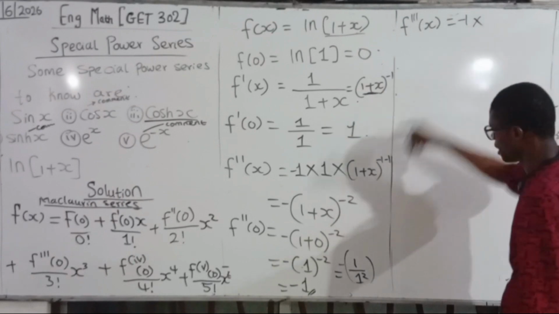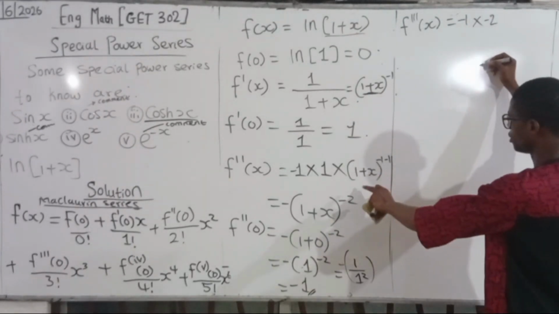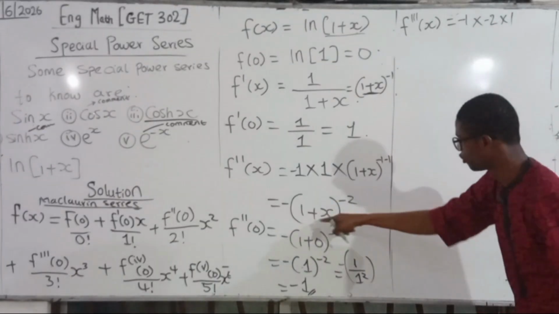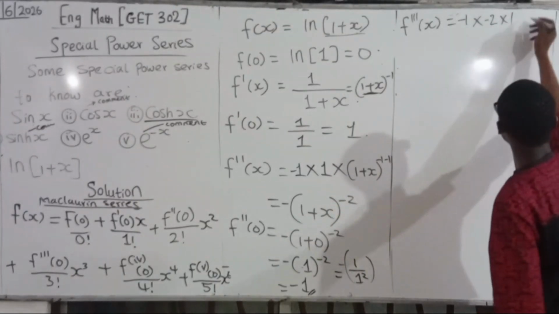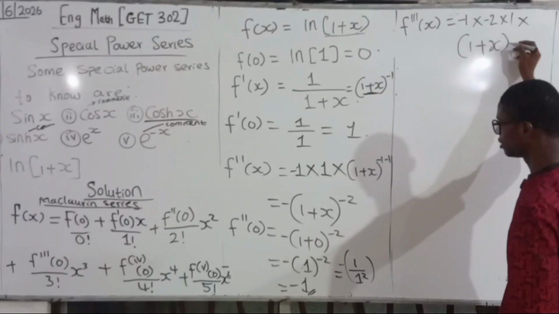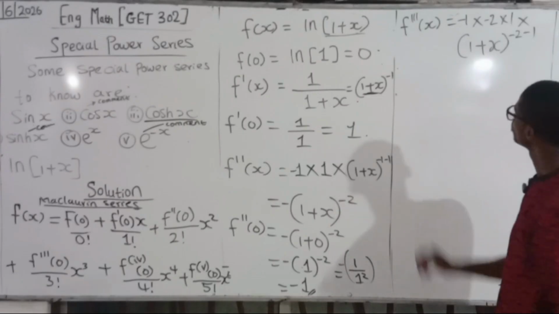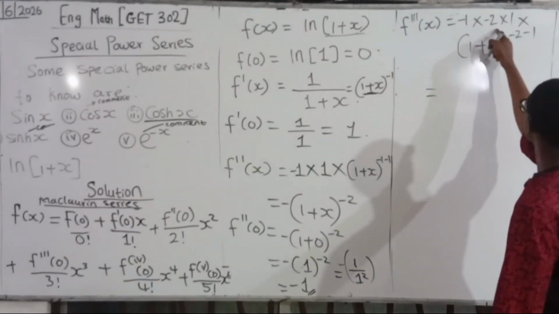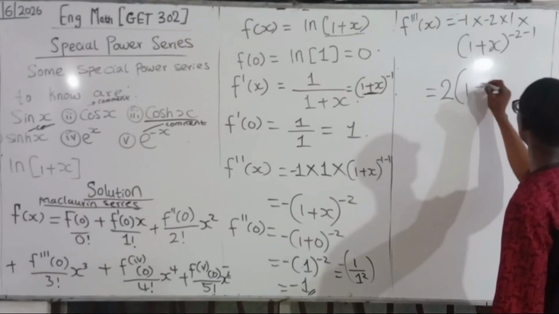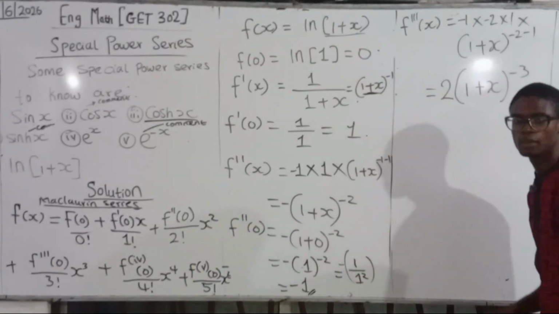Minus 1 multiplied by the power minus 2, then differentiate the term in the bracket, which still gives you 1. Then write everything in the bracket again and remove 1 from the power. This times this gives you 2, so 2 times (1 plus x) to the power of minus 3 this time around.